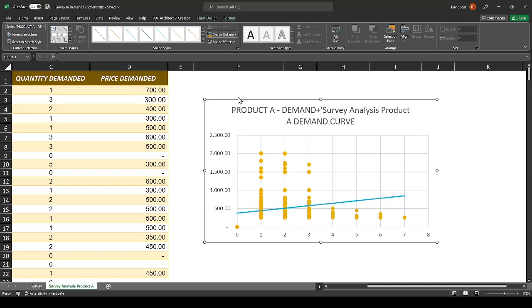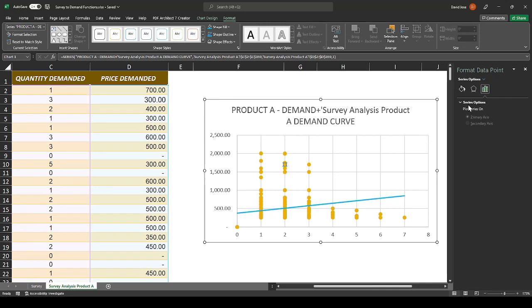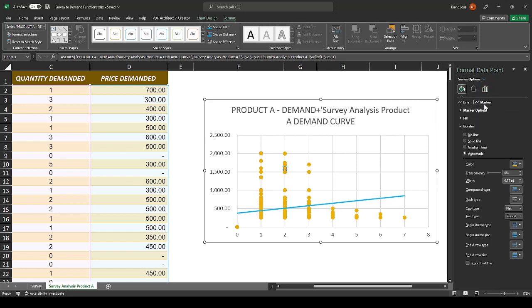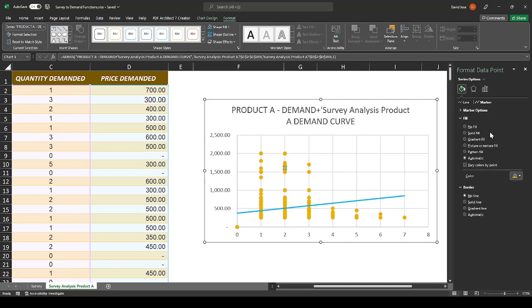I'll be changing this one into blue since in my class the demand is always blue and the supply is always red. So you can change the marker, no border, but the fill should be solid fill, should be blue.